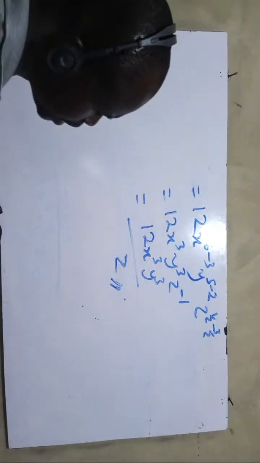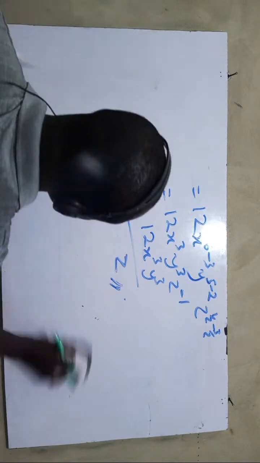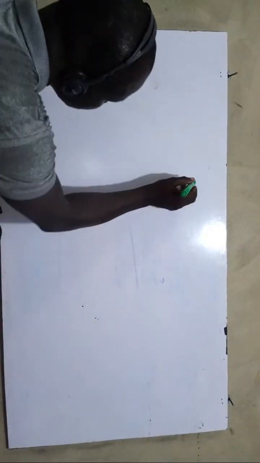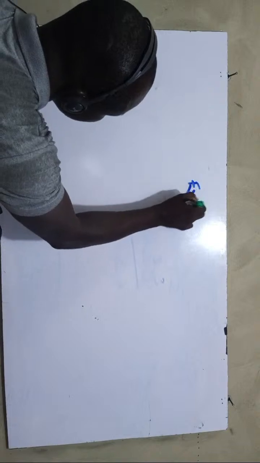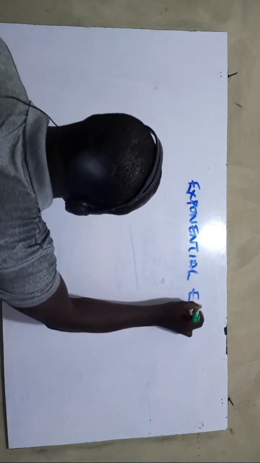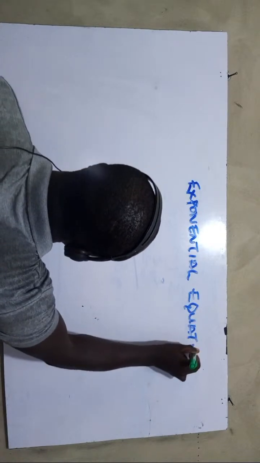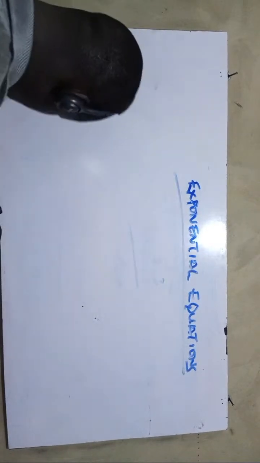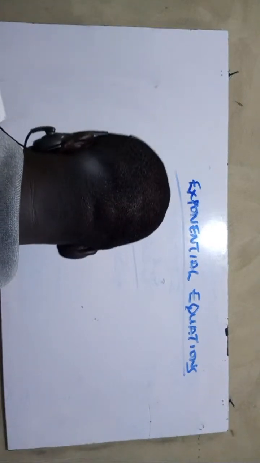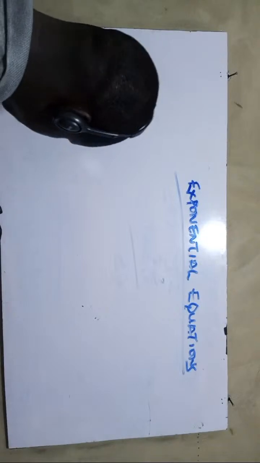So from the word exponential, let me just recall what I said yesterday. So let's look at exponential equations. So exponential equation can be reduced to quadratic form.